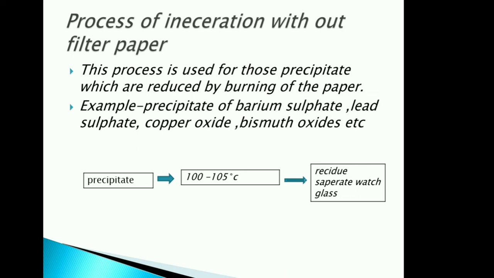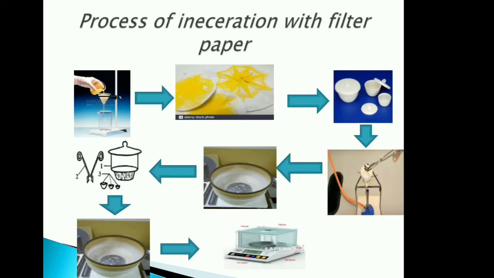Again the same process is carried out: weighing of the empty silica crucible, then heating of the precipitate, removal of the impurity and moisture from the precipitate, then collection of the precipitate, putting it into the desiccator, after that cooling, and then again weighing of the precipitate.